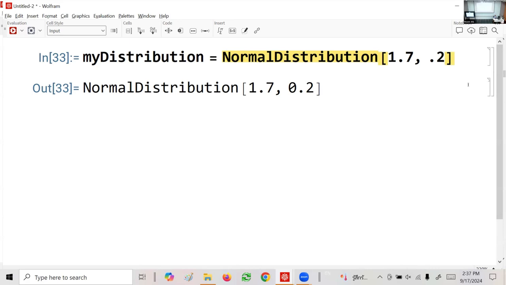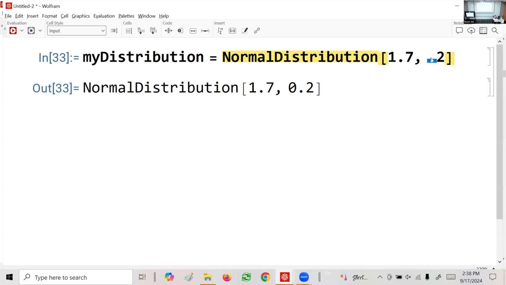By the way, as a rule of thumb, get used to saying this: if this is a normal distribution, then 68% of the population is between 1.7 minus 0.2 and 1.7 plus 0.2. So when you see mean and standard deviation, the range of mean plus or minus one standard deviation should cover about 68% of the population. That's how you imagine things in your head. So 1.5 to 1.9, about 68% of the people are in there.